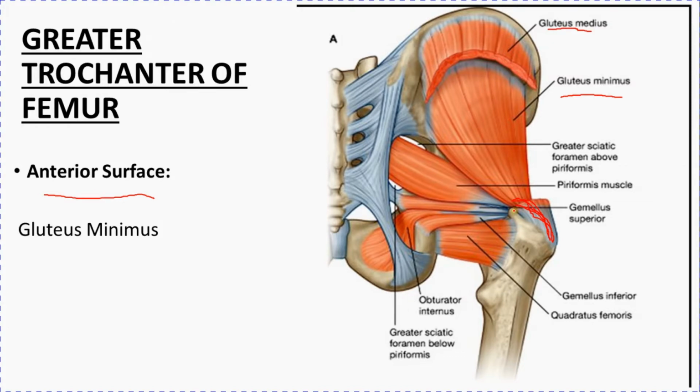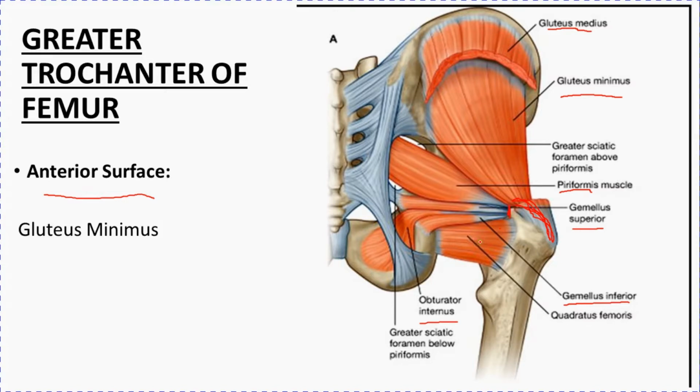We said the apex is giving attachment to piriformis. The medial surface is giving attachment to the gemelli, gemellus superior, gemellus inferior, as well as to the obturator internus. Look over here, the three muscles are coming and attaching on the medial surface.